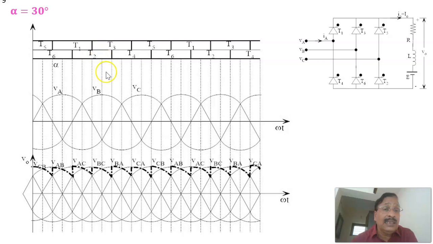When T1 and T2 are conducting, the voltage equals VAC. Only 2 thyristors conduct at any instant, one from the positive group and one from the negative group. Depending upon which thyristor is triggered, that line voltage will be available here. That is the way we can plot the load voltage.